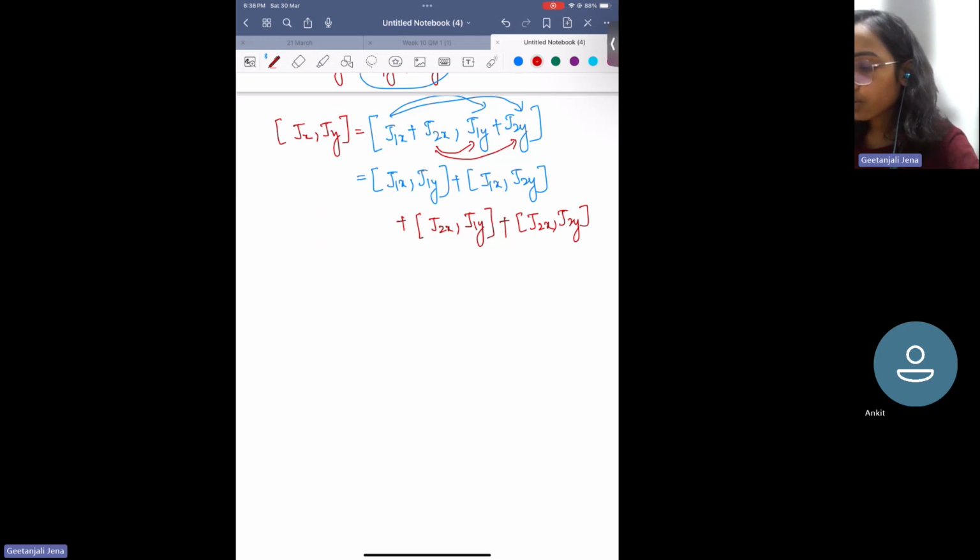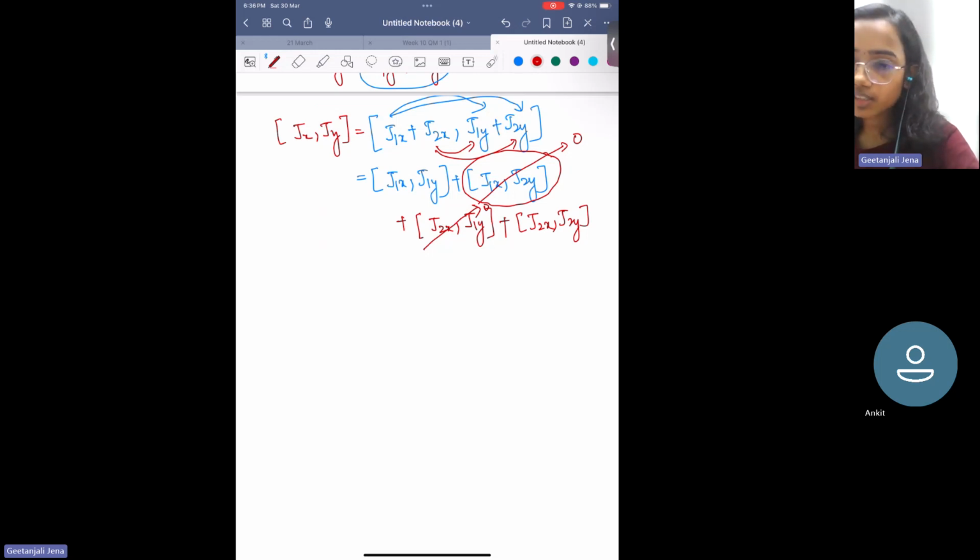Now these J1 and J2 correspond to two different particles. So the commutation relation of J1x with J2y is 0, because they are two different particles, in different dimensions, so they commute with each other. Similarly, J2x with J1y would be 0 because they correspond to different particles.